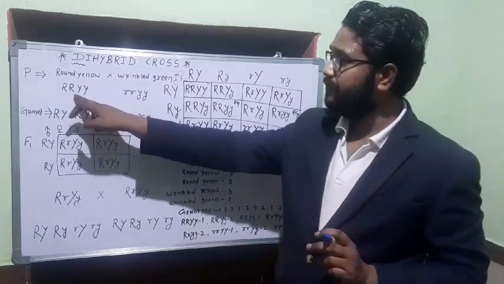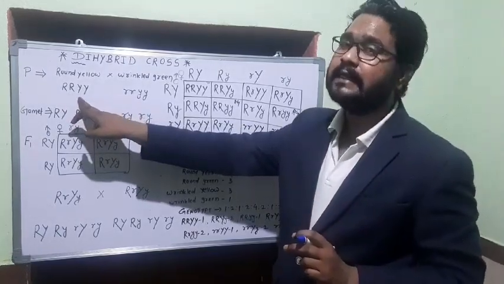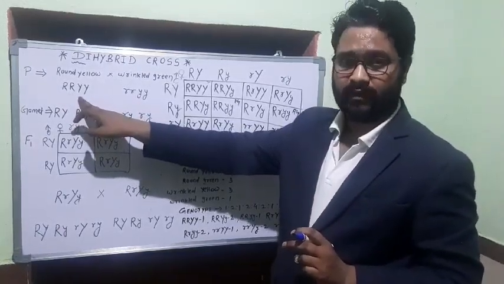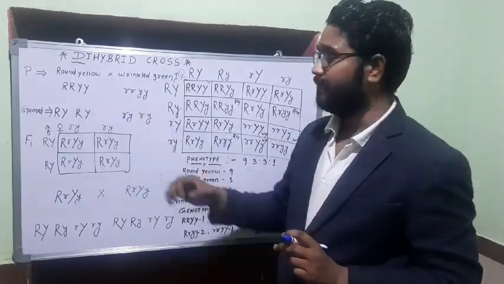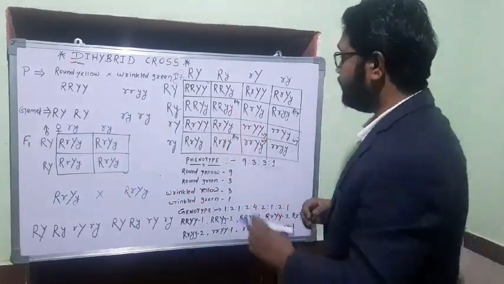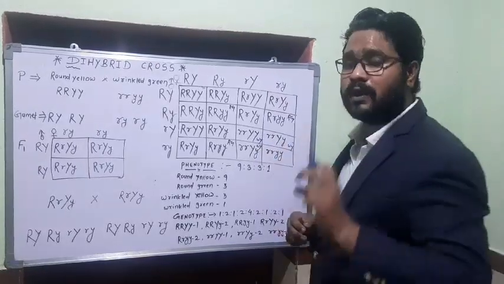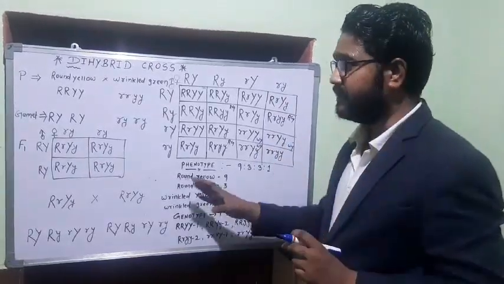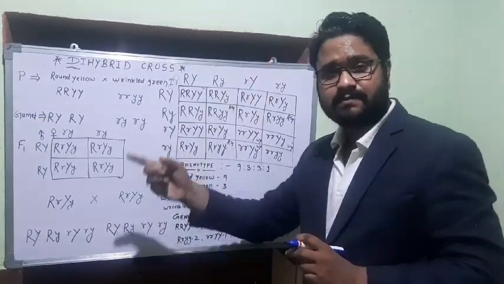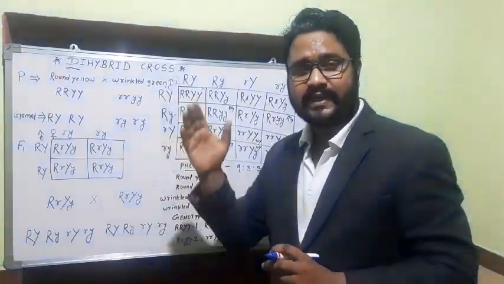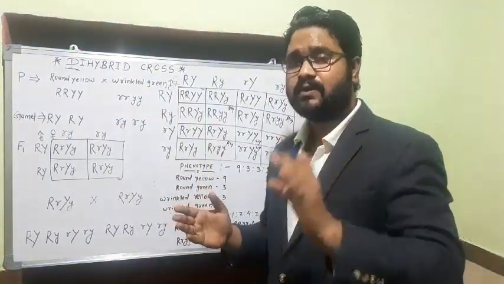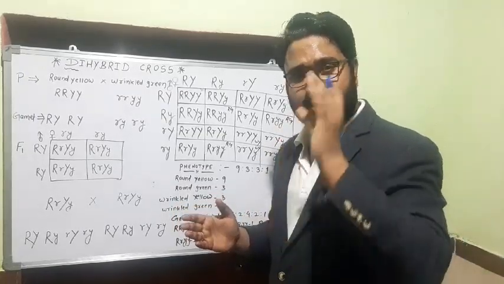That these two dominants are not always together. They express independent of one another with their allelic form. That's why we got round green. That's why we got wrinkled yellow. So these are the two new combinations which were not present, and this is because of this second law, law of independent assortment. New combinations, new variations are formed.